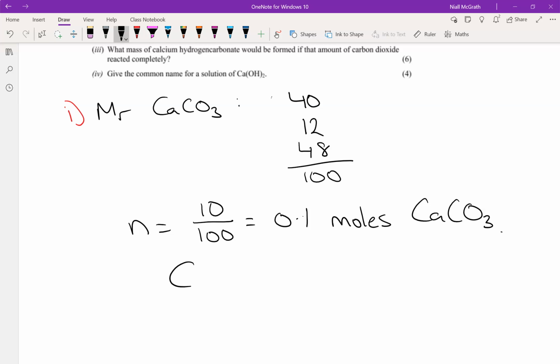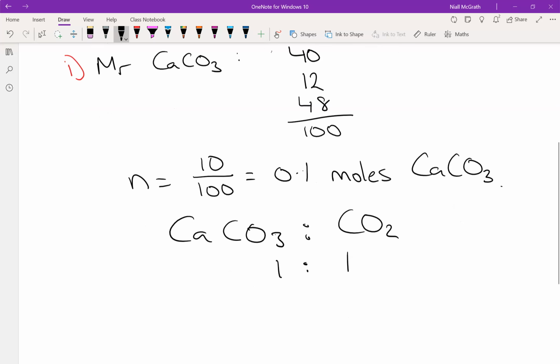The ratio of CaCO3 to CO2 is 1:1. So if you have 0.1 moles of calcium carbonate, then you have 0.1 moles of CO2.